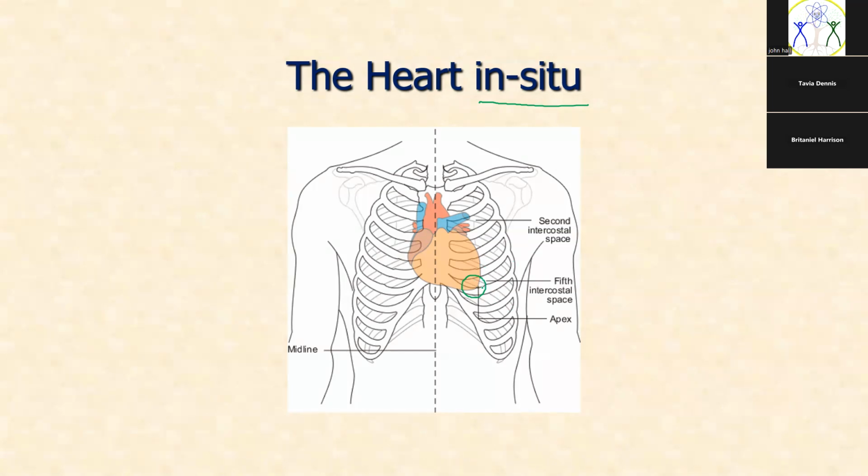Where the heart is concerned, the apex is the bottom tip, which means, of course, the base is up here, which seems ridiculous, right? Just remember, please, the apex of the heart is the tip of the heart where it narrows, and the base is the top with all the blood vessels coming out and going in, right?